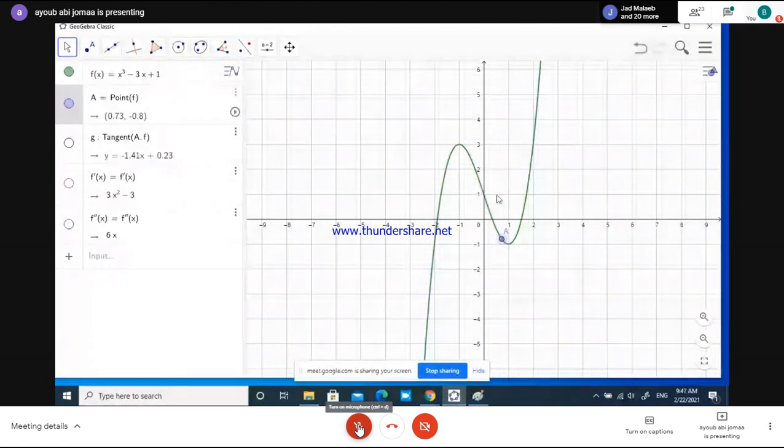Decreasing. From this point, x between negative 1 and 1.